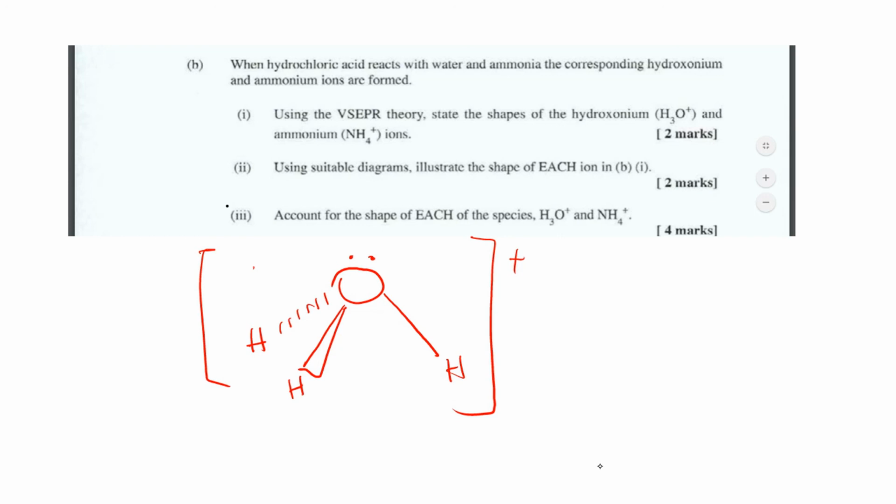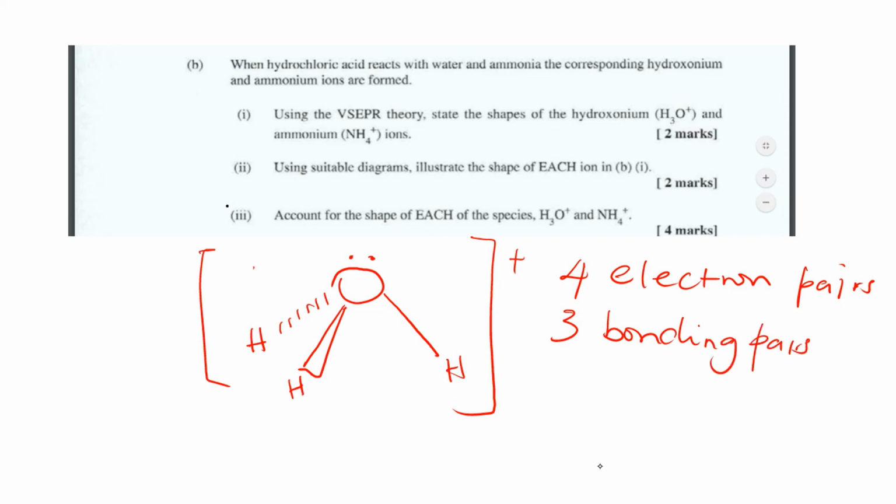So as we can see, it has 4 electron pairs. And we can see that it has 3 bonding pairs and 1 lone pair. We just did something like that, like ammonia.